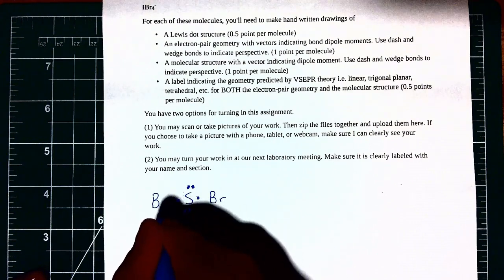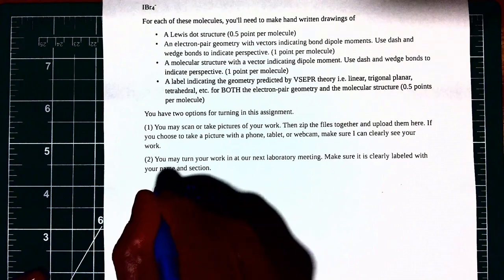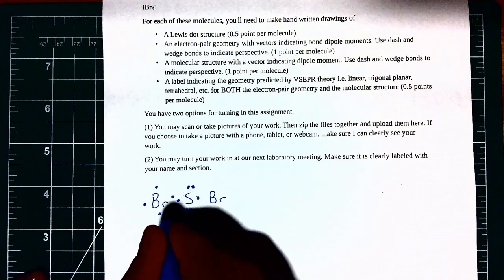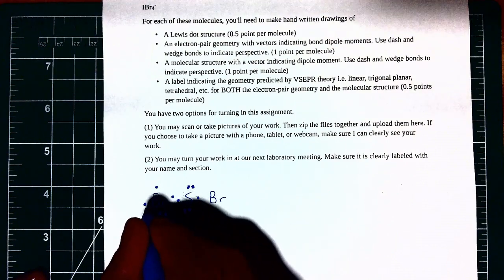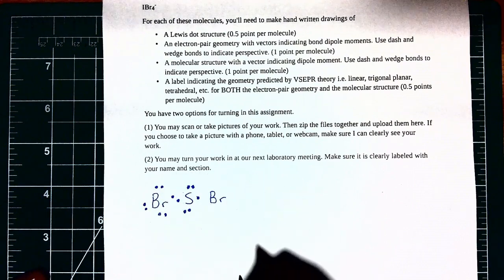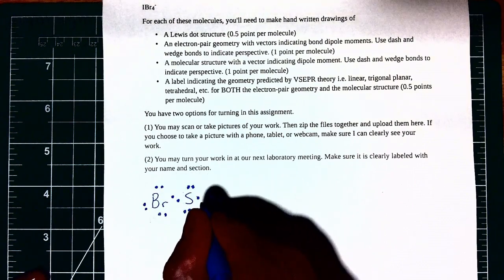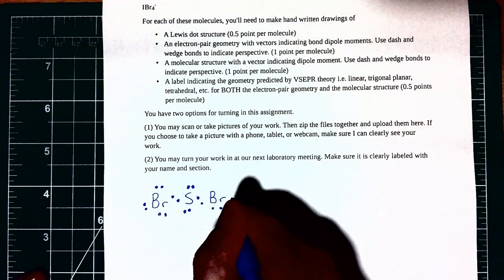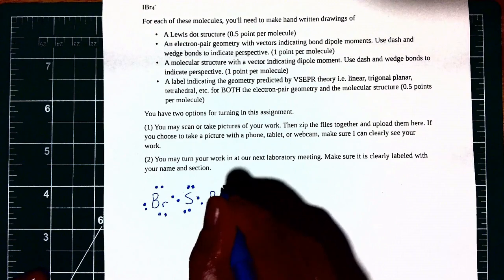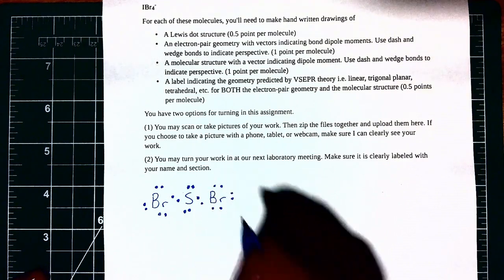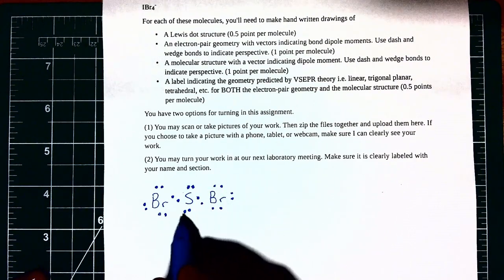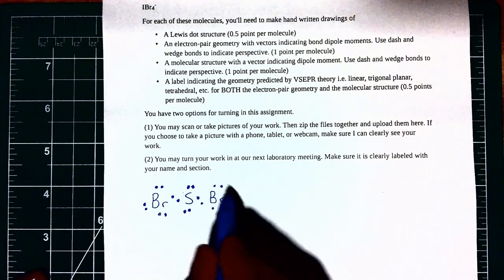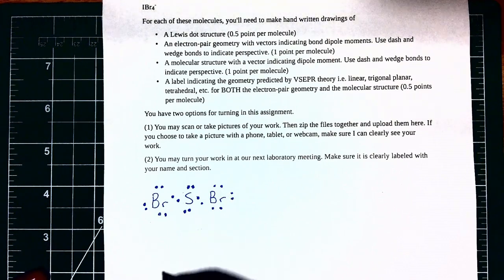I'll start off 1, 2, 3, 4, 5, 6, 7. And then I'm going to do the same thing for this bromine. 1, 2, 3, 4, 5, 6, 7. Okay. Notice I didn't do the whole 1-to-1 thing, but that's just because I knew that this bromine was going to be the same as this bromine, so I just filled them in there.